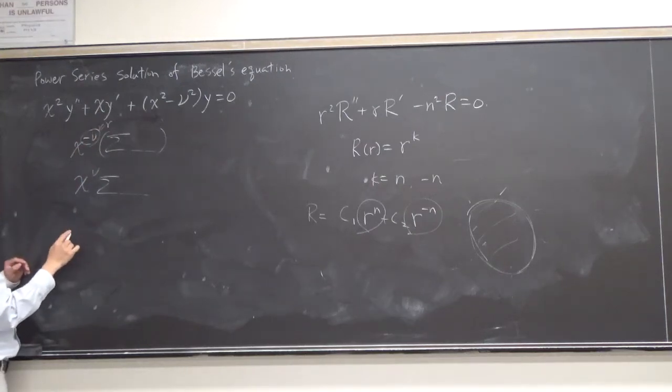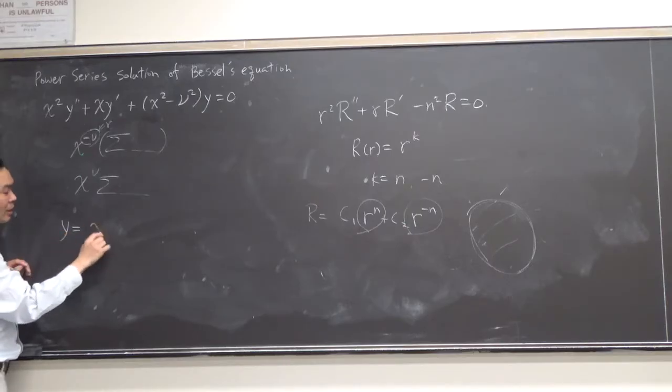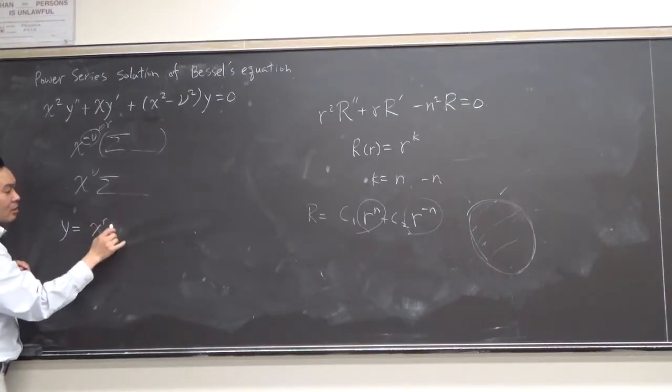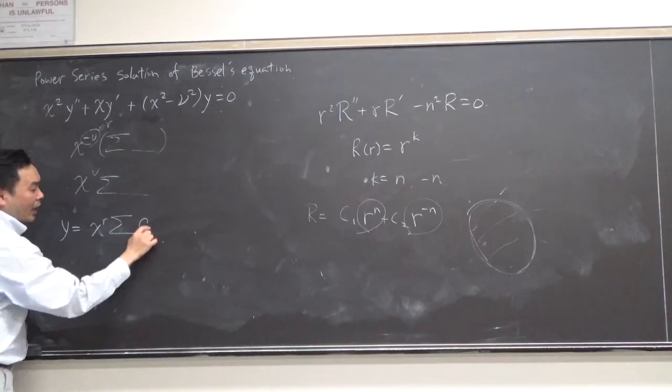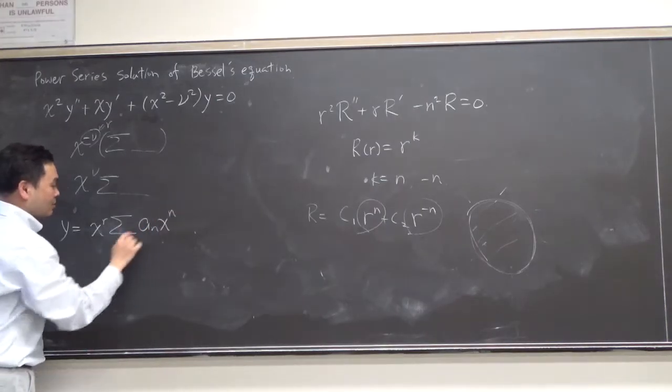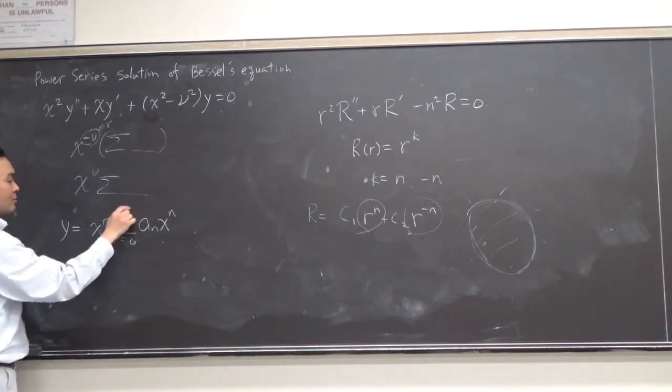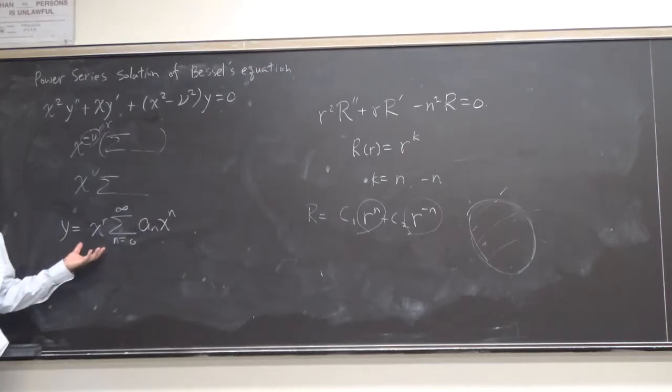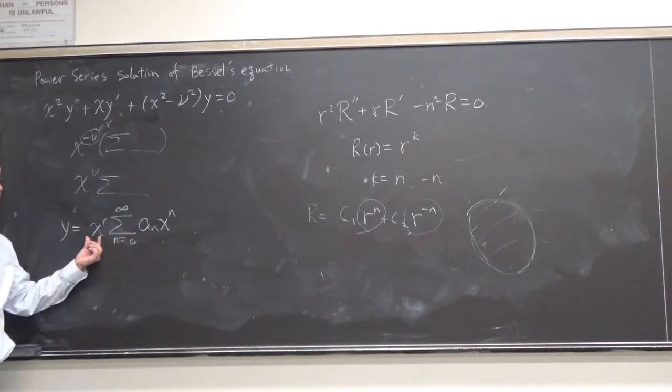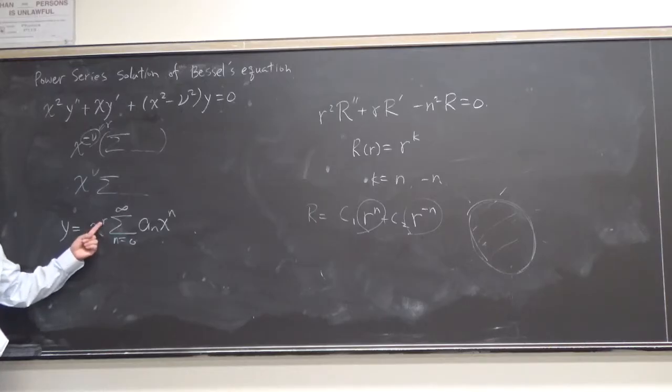And so they take the solution to look like y equals x to some r, here r is a constant, not the variable. Don't think about that r. Some constant r times a sum of a_n x to the n starting from 0 to infinity. So what's that? That's like the power series with possible singularity at 0, right? If r is negative, then it will have a singularity at 0, right?